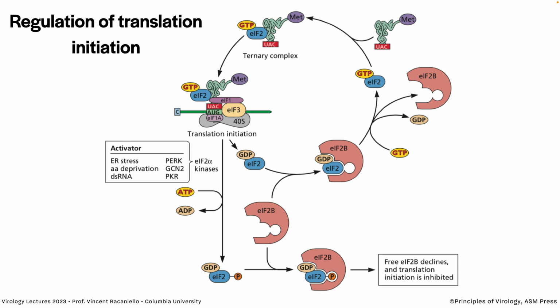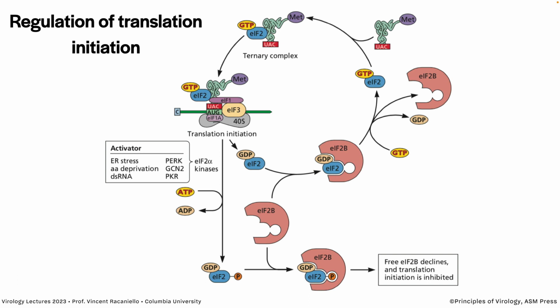In the cell, there are protein kinases called EIF2 alpha kinases. And there are three of them shown here. There's one in the ER, there's one that responds to amino acid deprivation, and then there's one that responds to double-stranded RNA. So basically conditions that mimic a virus infection.